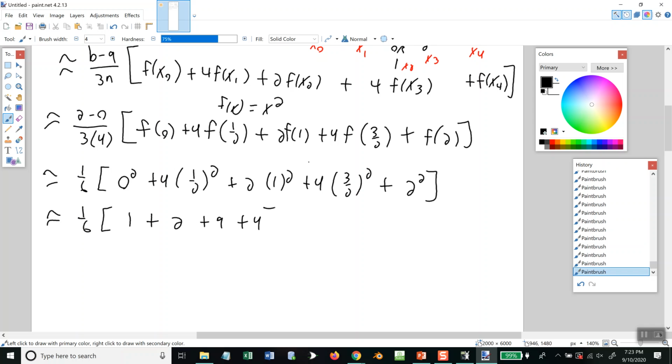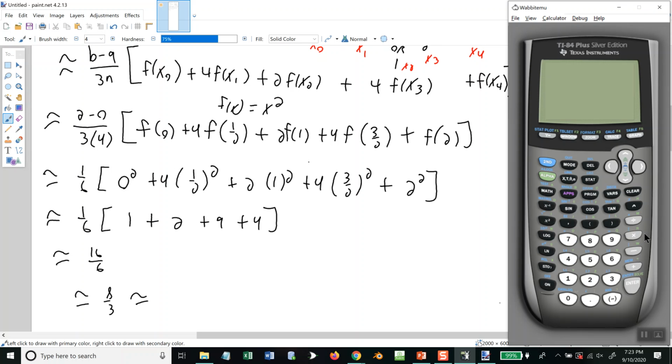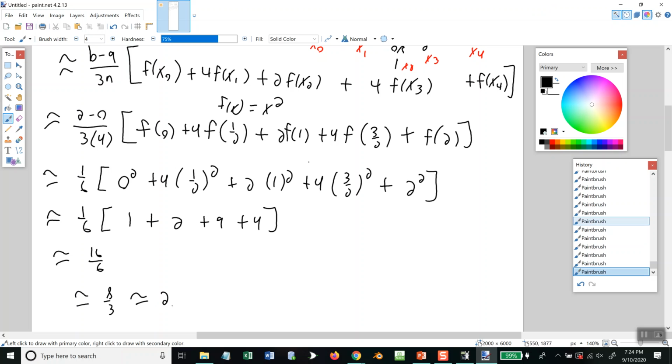And 2 squared is 4, assuming no basic math mistake. 1, 3, 12, 16, so 16 over 6, yeah, or 8/3, which is our 2.67. And that matched our integral pretty much exactly, didn't it? Is it off by 0.02 at the very end?